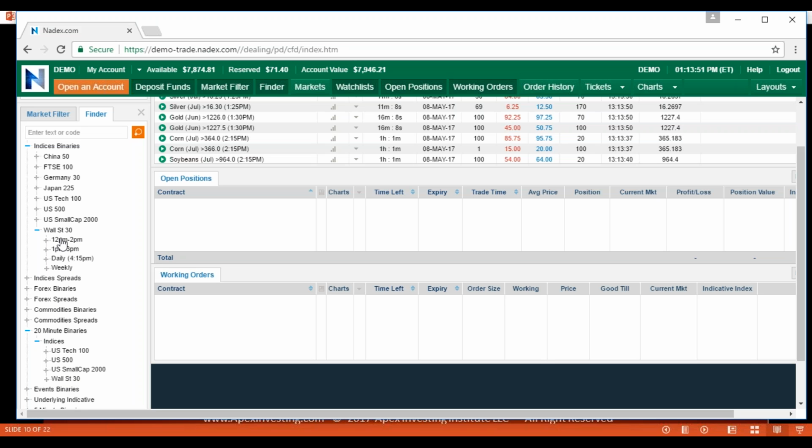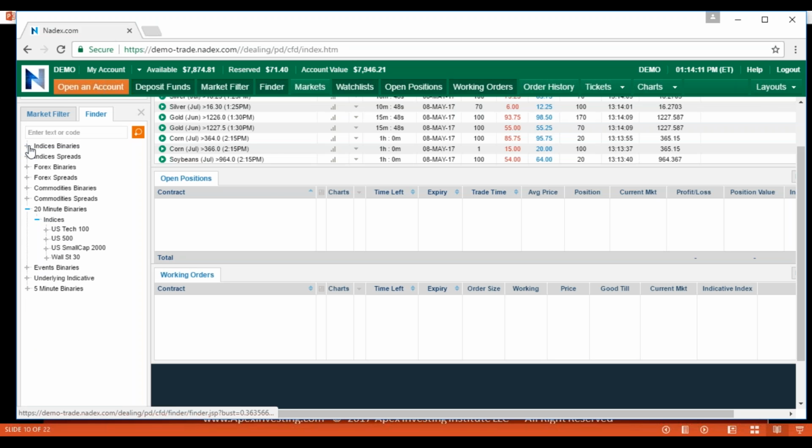I've got binaries that expire in 48 minutes, and in an hour and 48 minutes. I've got binaries end of day and end of the week. I've got all kinds of options here, whether I've got a short-term strategy or a longer-term strategy. There's a ton of great options there with Nadex.